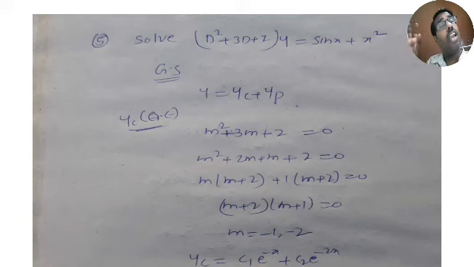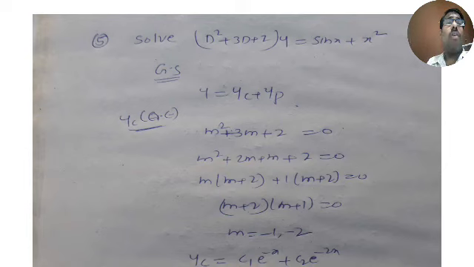For x square you have to apply the third method. Are you getting? So this is a combination of second and third method.